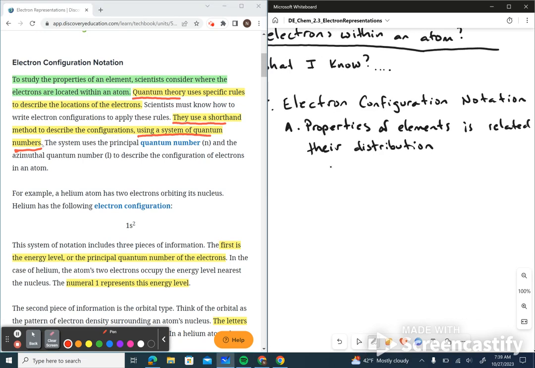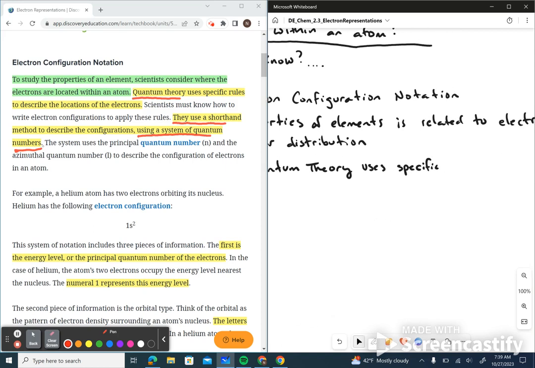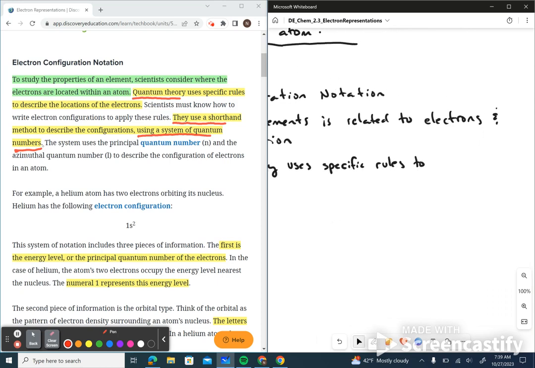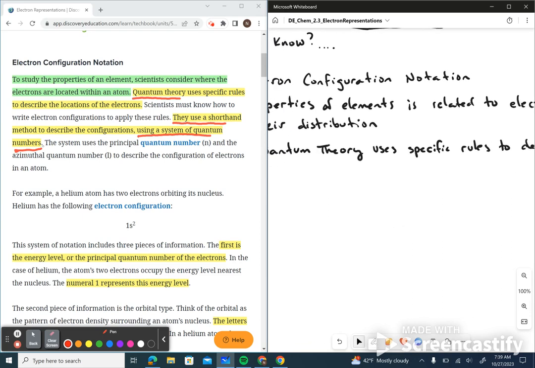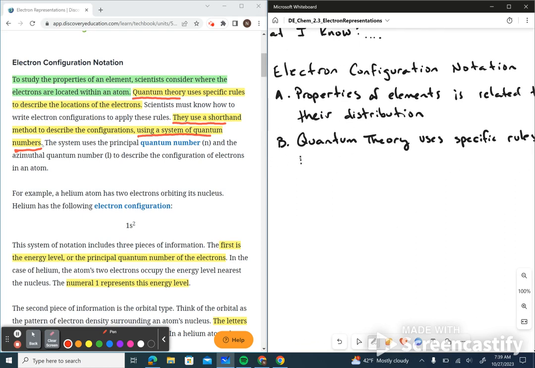Number one, or let's put down B, letter B. Quantum theory uses specific rules to describe electron locations.